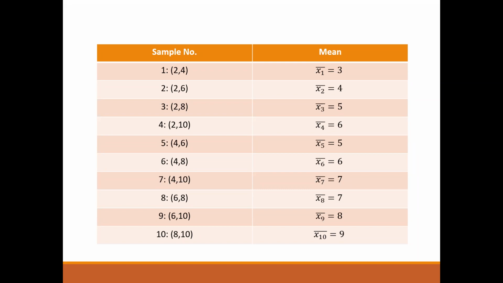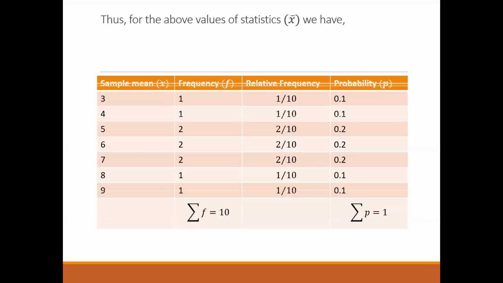Now this will help me find out the number of occurrences, the frequency. So I can write the new table like this, where my total frequency is coming as 10. When I find the probability, the total of probability is always 1, you know that. Using this, I can find out the probability distribution of the sample means, and I can use it to find the population mean.